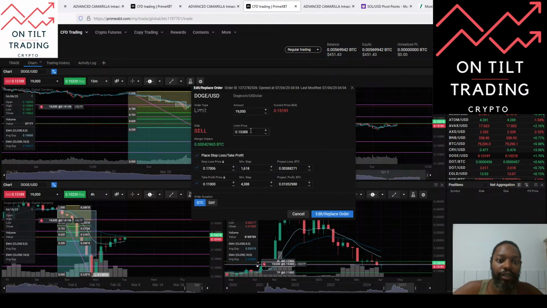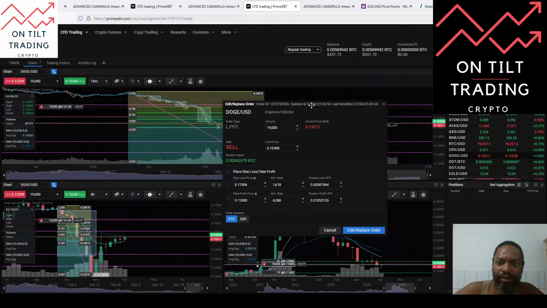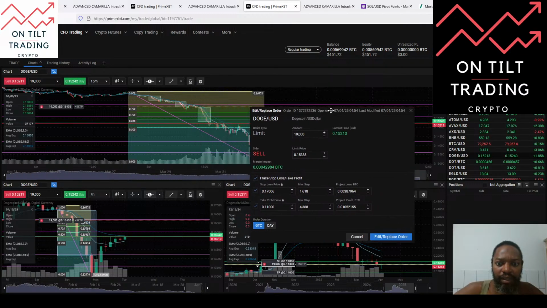my order here. You can see here's my limit entry, 0.15388, and then you can see the potential risk to reward here. I thought it was better than this yesterday. Actually, let me take a look at it here.